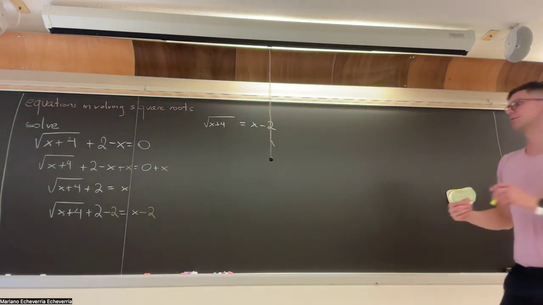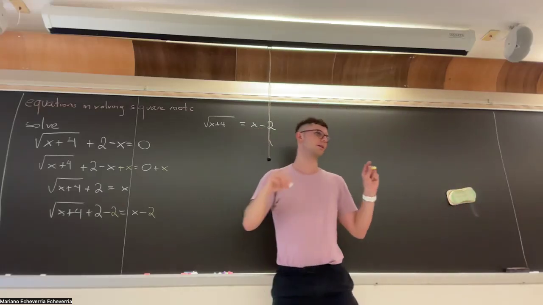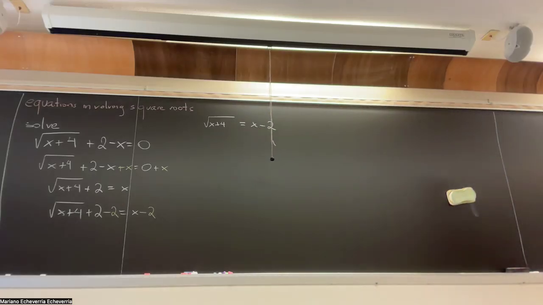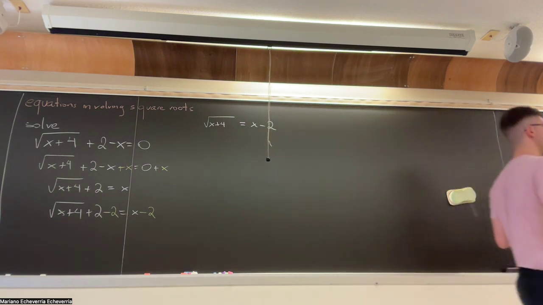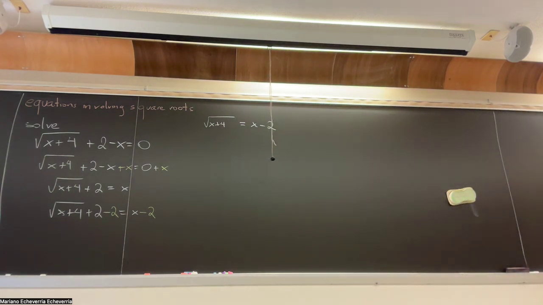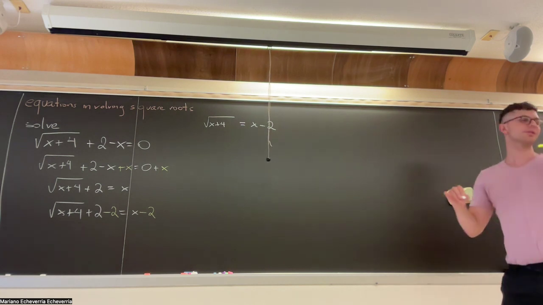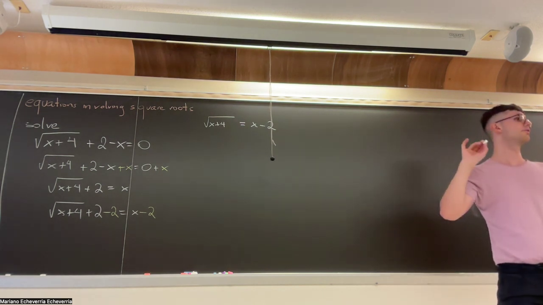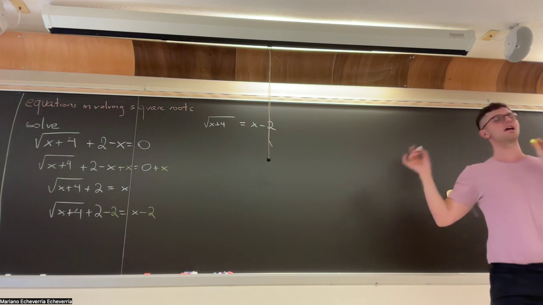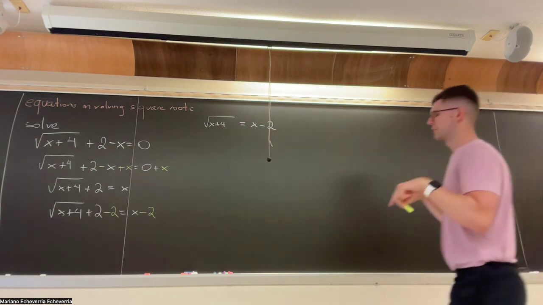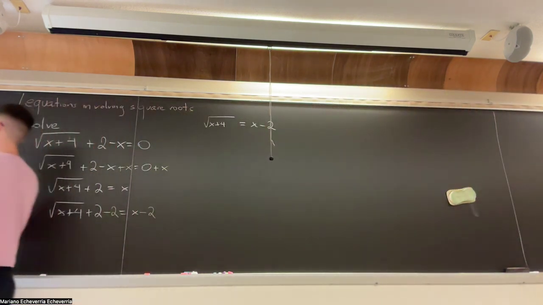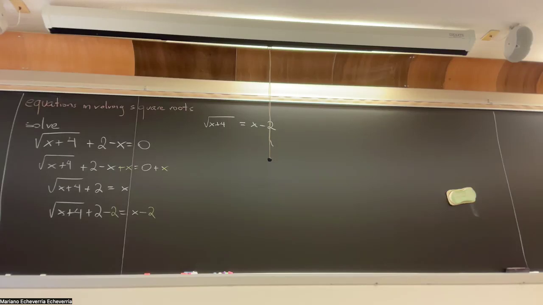Now the equation has been solved for the square root. That still isn't the end of the story, because we still want the value for x, but the first step is always solving for the square root. After this one, I'll do an example with two separate terms involving square roots, which is a little bit more tricky, so you'll see what needs to happen in that case. But for now, if there's only one term involving a square root, what you want to do is isolate it.